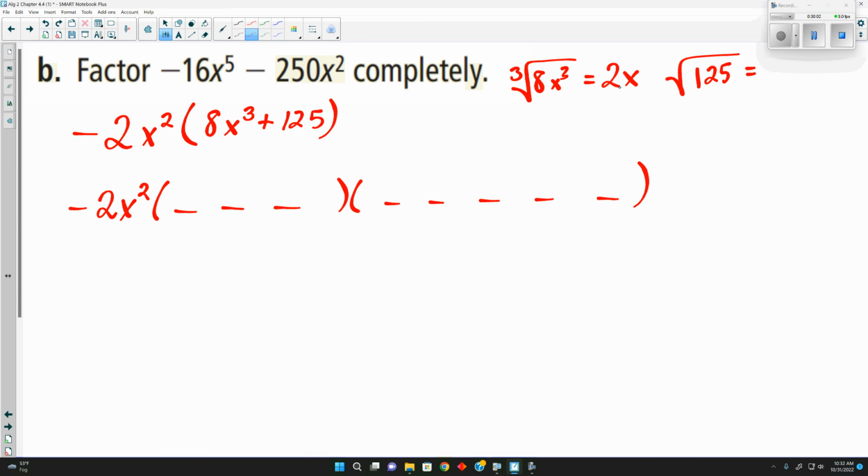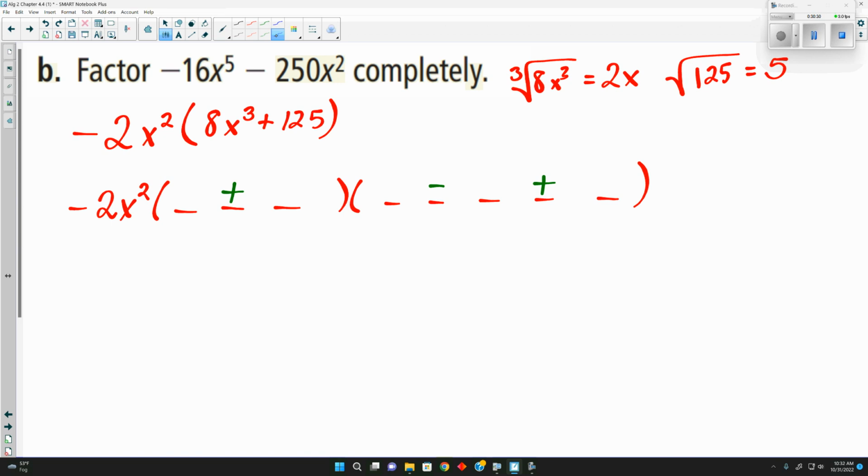Now, if we take the cubed root of 125, we get 5. Our signs are going to be the same. So plus, opposite, always end on a positive note. So plus, minus, plus. Questions on any of this here so far?